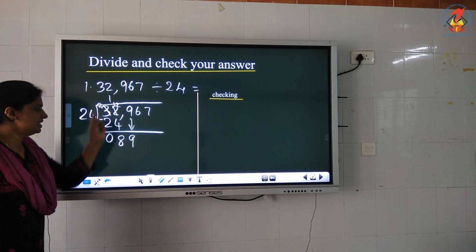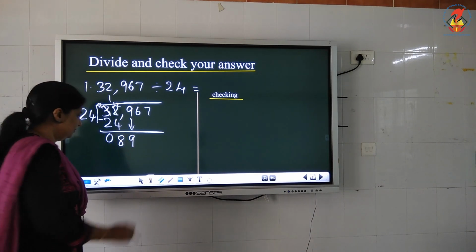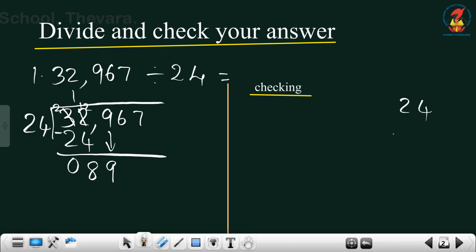24 into which number equals 89? That we can do in the working column. 24 into 3 equals what? 24 twos are 48. 24 threes: 4 threes are 12, 2 threes are 6, 6 plus 1 is 7, that is 72. 24 threes are 72.